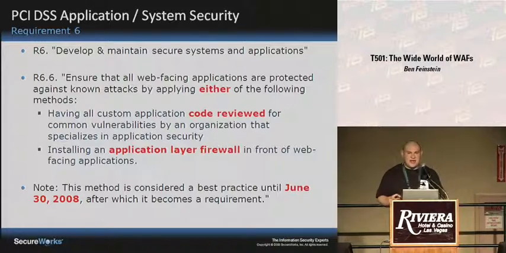So the PCI Council has set this up as an either-or. If you want to do both, great, but you don't need to. On June 30th of this year, requirement 6.6 became mandatory. Before, it was a nice-to-have. As of now, people need to be meeting this requirement.